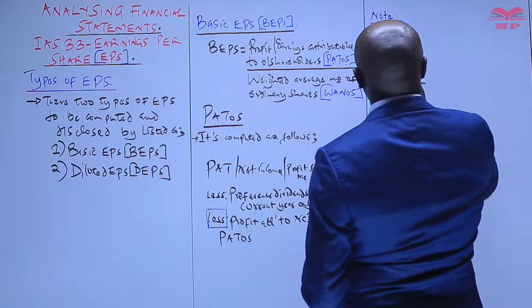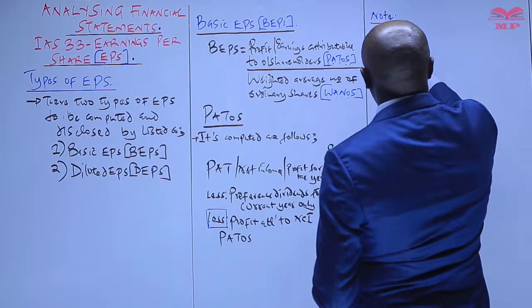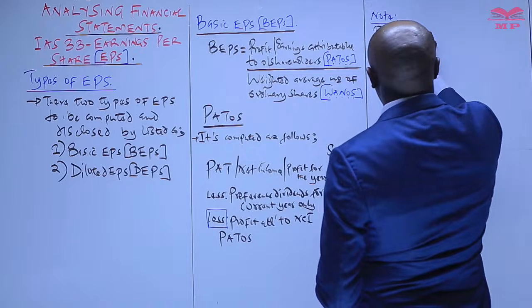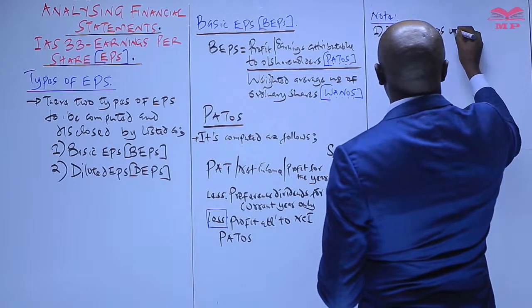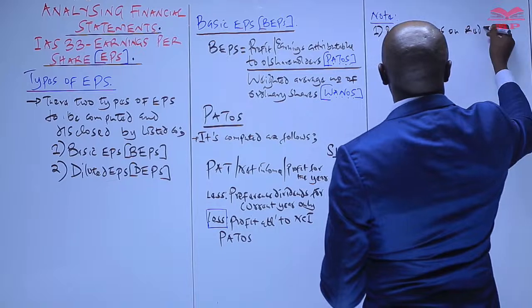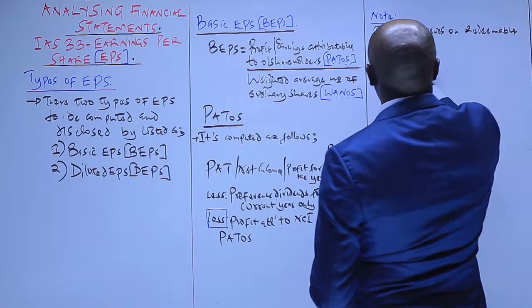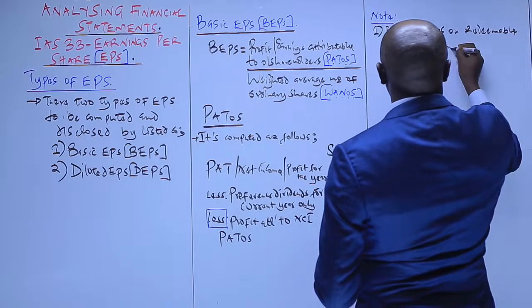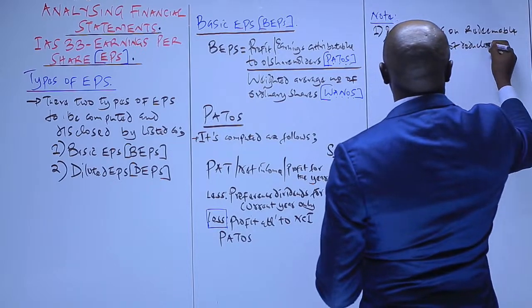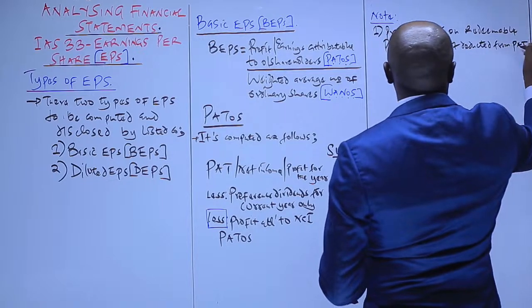Number one, preference dividends on redeemable preference shares are not deducted from profit after tax.